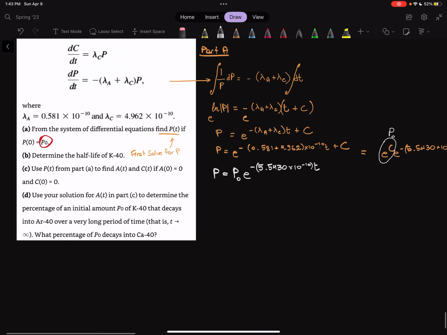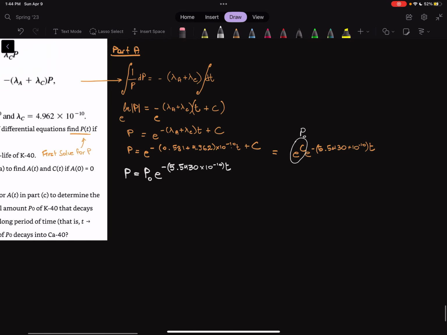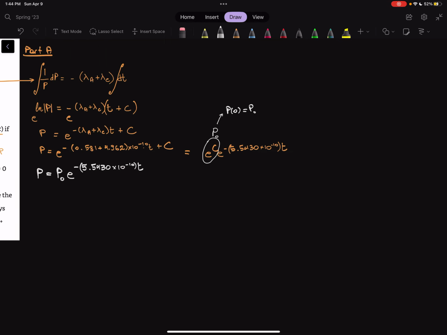Now, what do we want to do? Well, this step right here really comes from p of 0 is equal to p naught, which means that you get p naught if you input 0 into this expression, which is this times 10 to the negative 10 times t, but now our t is 0, which makes this whole thing 1, which means that e to the c is equal to p naught, our initial value.